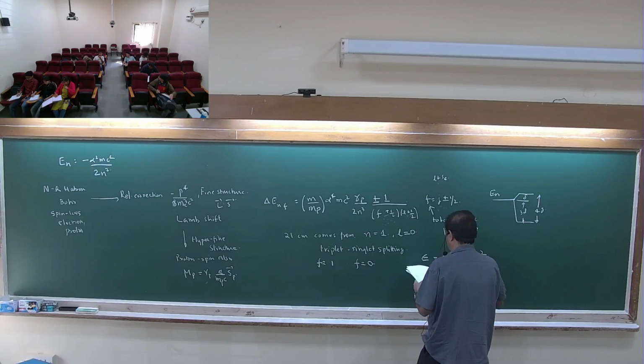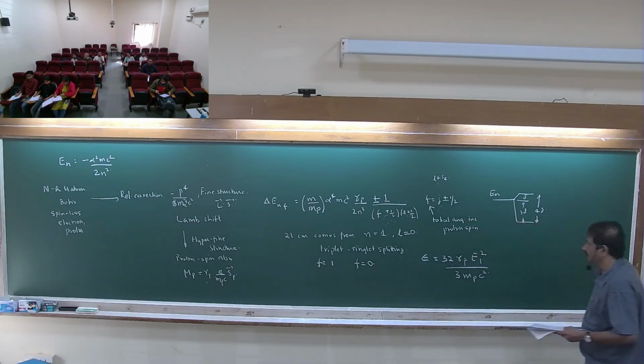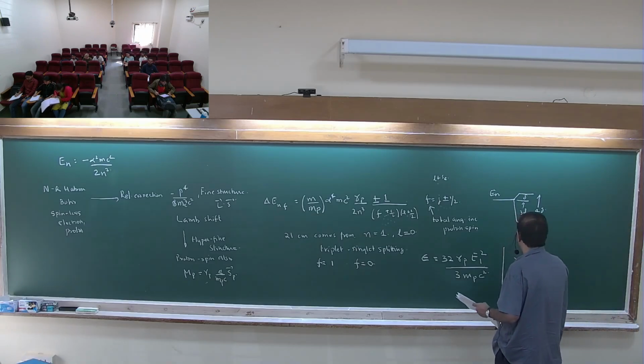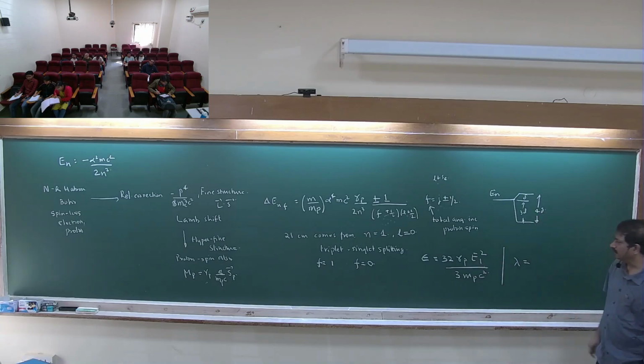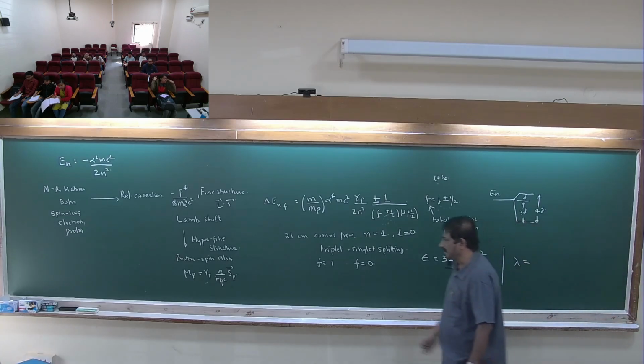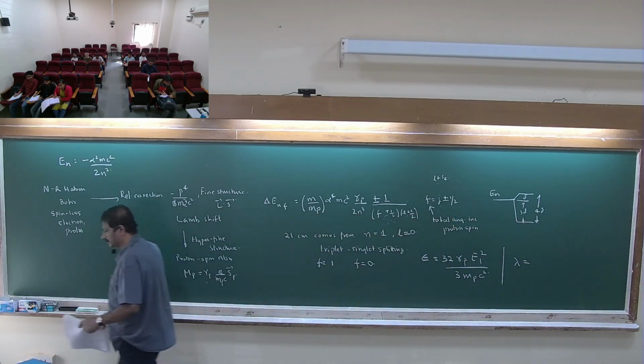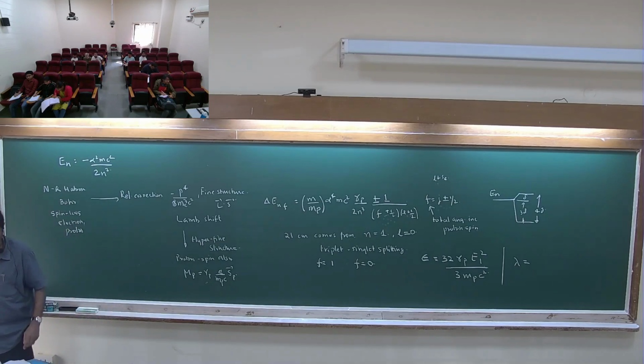By the way, I have checked all these formulas, so I suggest you should also do this in order for you to figure out how much this is. So if this is the energy splitting between the two, I want you to compute lambda from this. Please take out your calculators, plug in all the numbers and so on, and then let's see how long it is going to take you to get this particular number. Okay.